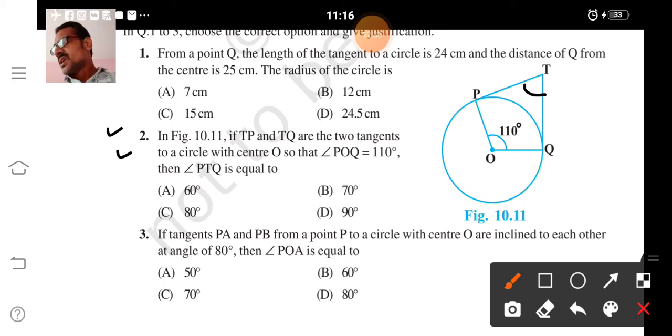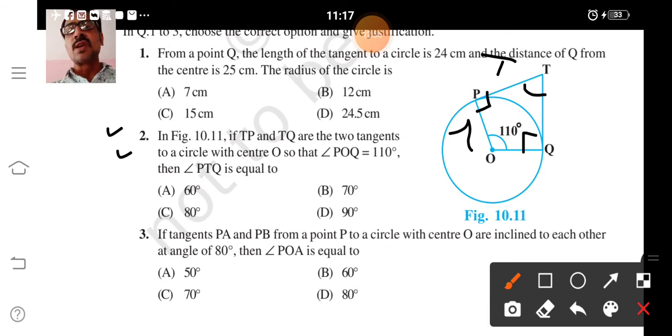Now, see, it's very easy. First of all, tell me, angle P will be how much? Obviously 90 degree according to theorem 10.1. The radius is always perpendicular to the tangent. And now tell me, angle Q will be how much?